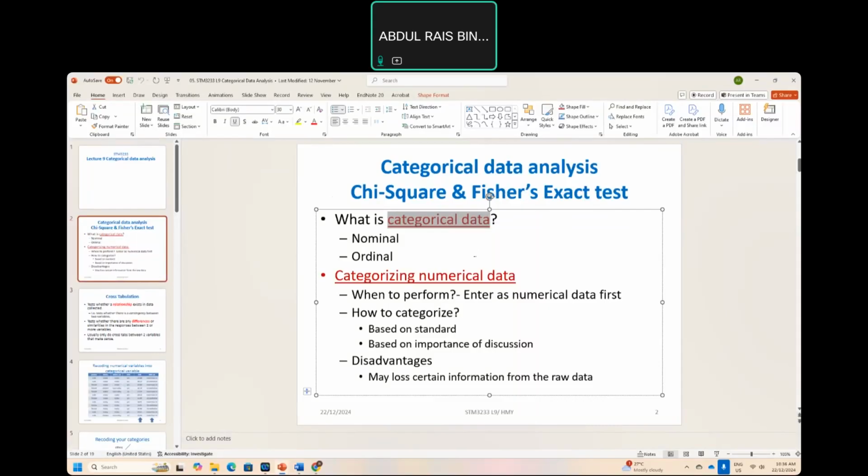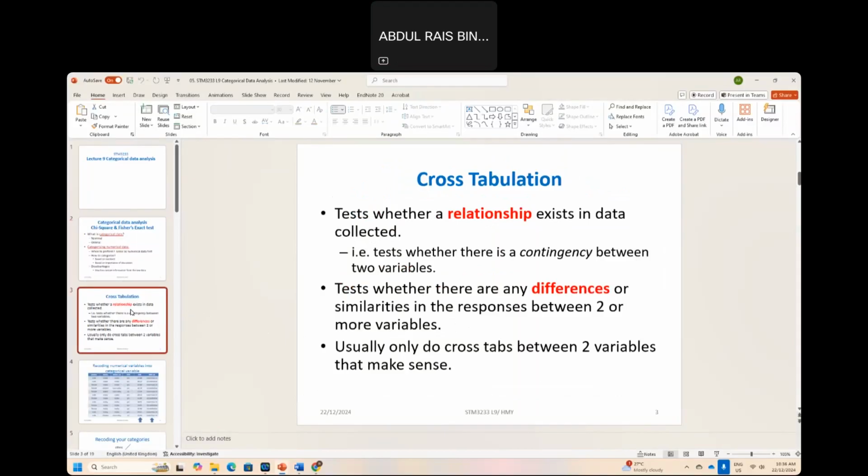Okay. Dia bukannya apa, dia bukan numerical ataupun menggunakan Likert scale 1 hingga 5. Okay. Dia kena nominal 1, 2, 3, 1, 2 ataupun rank. Okay. Right.